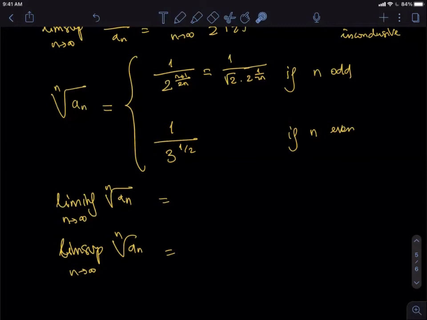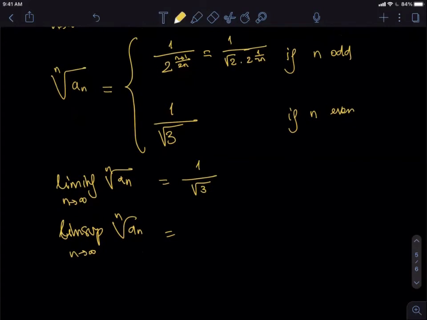So those are different limits. Let me write it as square root of 3. So which one is bigger, square root of 3 or square root of 2? Square root of 3. So if that one is bigger, the reciprocal is the smallest. So the lim inf is 1 over square root of 3, and the lim sup is 1 over square root of 2, which is less than 1, because the square root of 2 is bigger than 1, and therefore it converges.